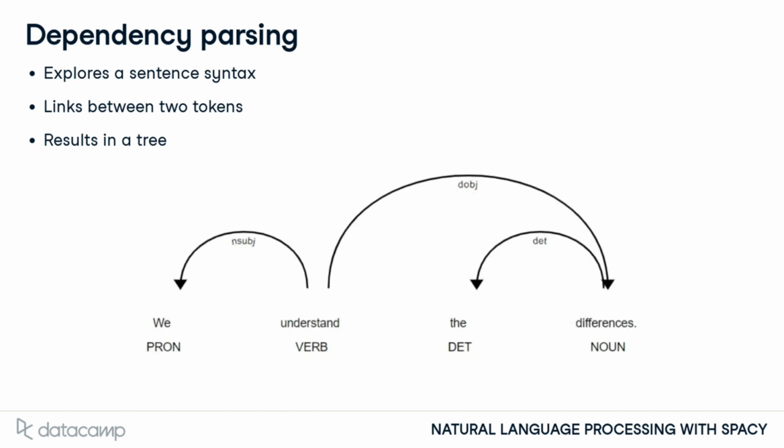For example, for the sentence "We understand the differences," Spacy assigns a dependency label for each token such as nsubj, dobj, and det. For example, the first arc with nsubj label shows the subject and verb relationship between "we" and "understand."